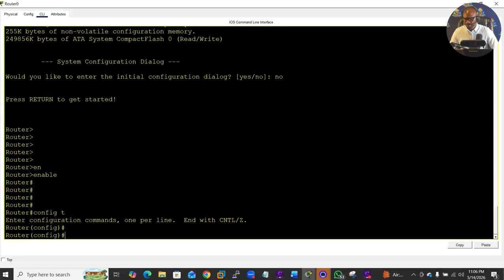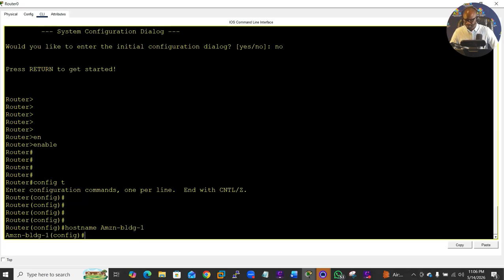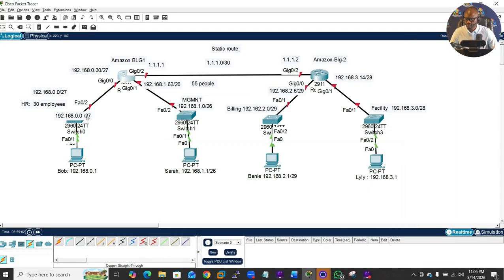Configure terminal will take us to the global configuration mode. From here, we can change the host name. So hostname, let's say Amazon building 1.